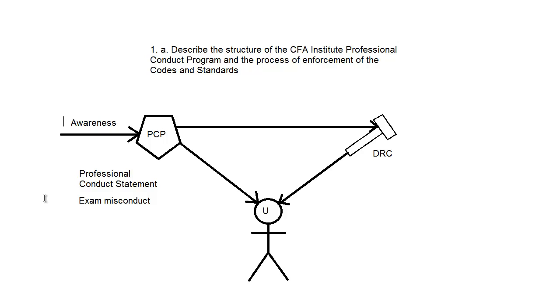Now, whether you're a member or candidate, the PCP can become aware of your alleged professional misconduct directly or indirectly from various sources. Let me just write this down here. So, direct awareness, complaints, and let me just move this box around so it lines up nicely.